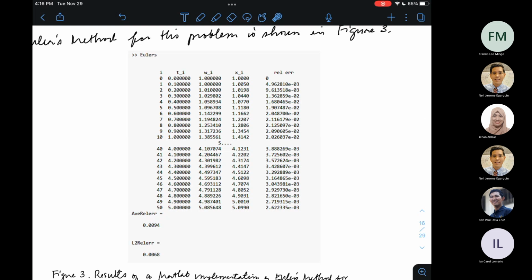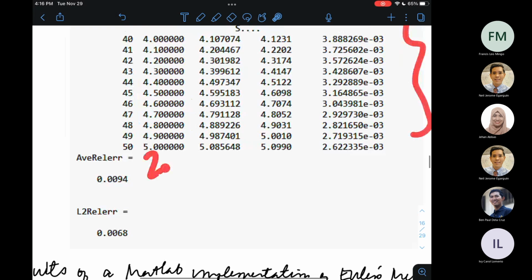Then when you plot their relative errors, here. Now, look at the average. On average, the relative error is just 0.94%, and the L2 relative error is just a bit more than 0.5%, which is a big jump from the 3.43% L2 relative error that we saw before.